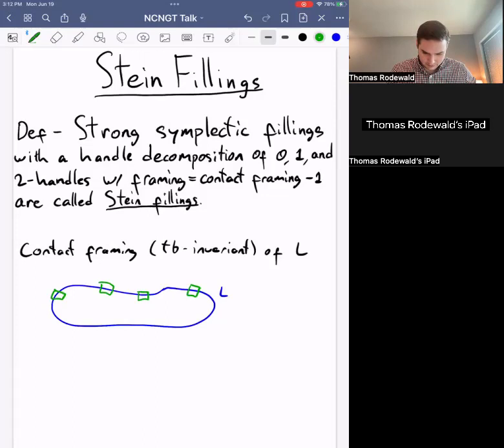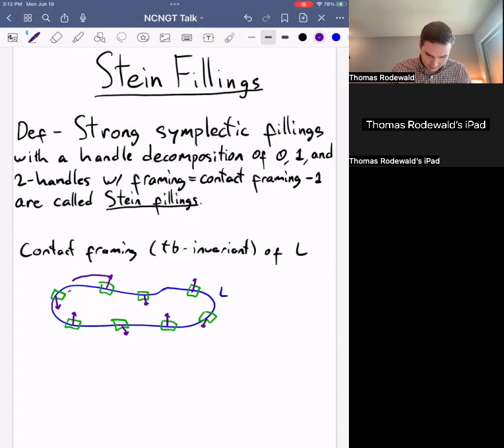And what you can do is define a vector field on L that is nowhere zero and transverse to the contact planes, like so. And then you can push the knot off along this vector field, where you can think of it as connecting the arrowheads of the vector field.